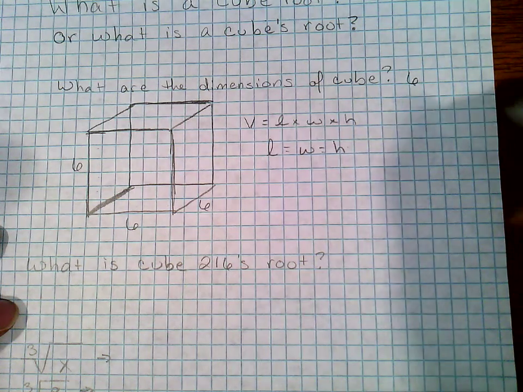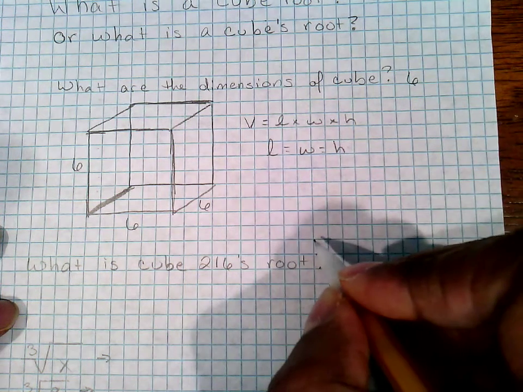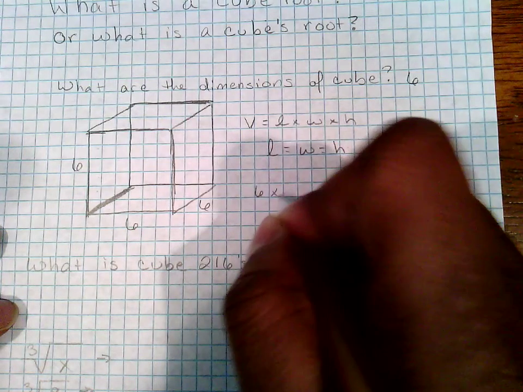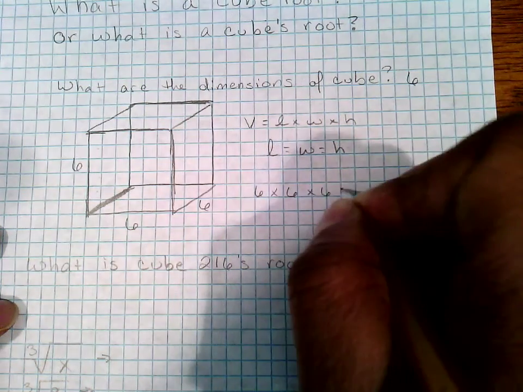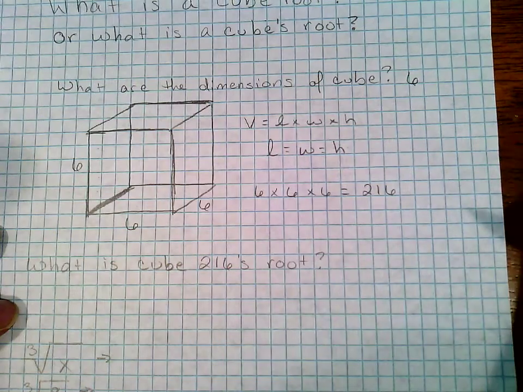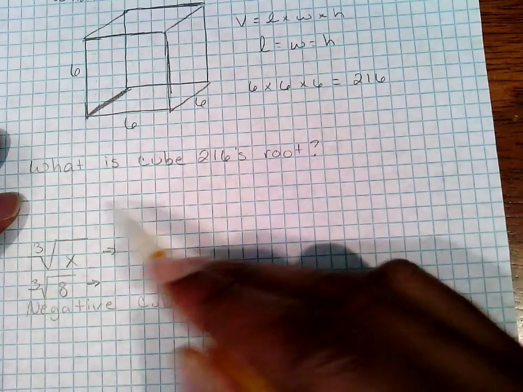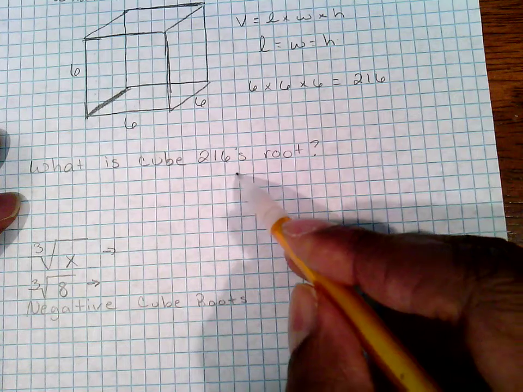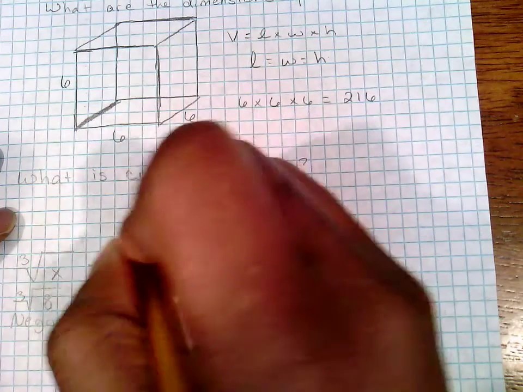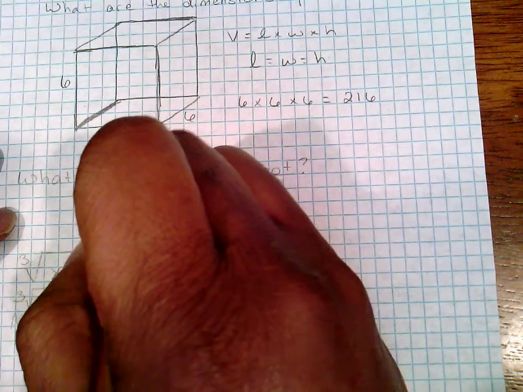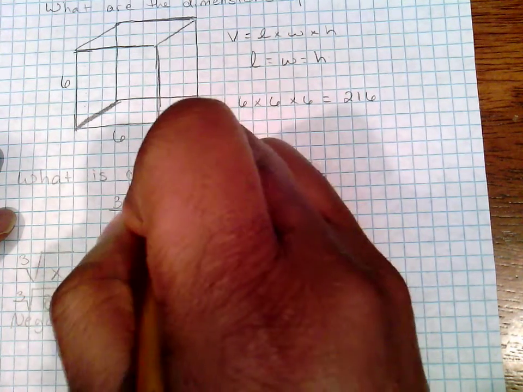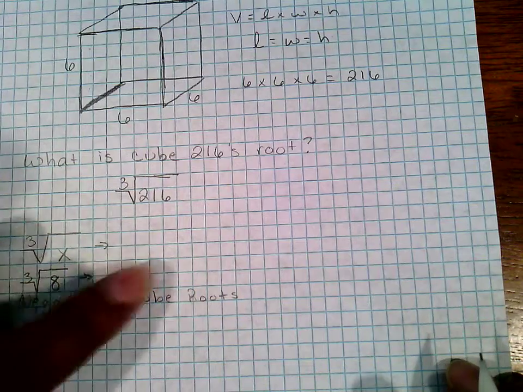All right. And so we calculate the volume of this. This would be 6 times 6 times 6, which would give us 216. So what is the cube root of 216? Or what is the cube root of 216 written this way?